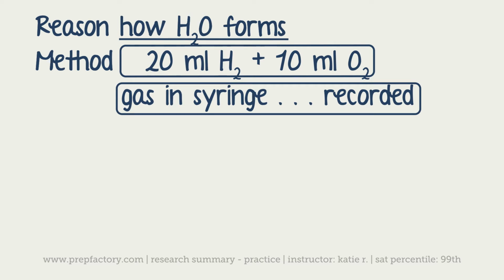Okay, and then it doesn't tell us how it was analyzed to determine composition, so pretty much these are our two really important key details in our method. So go ahead and circle those.